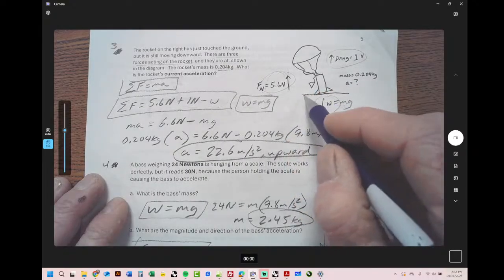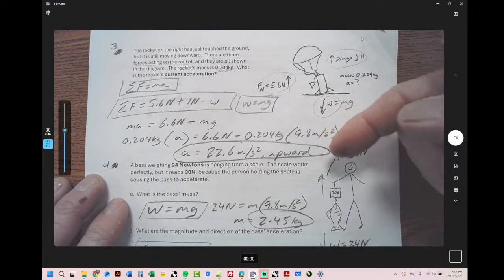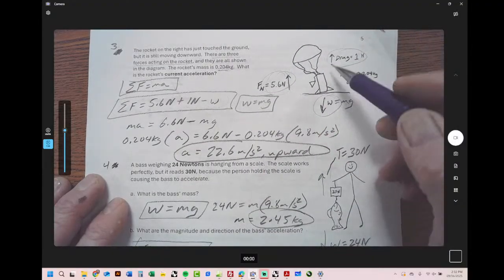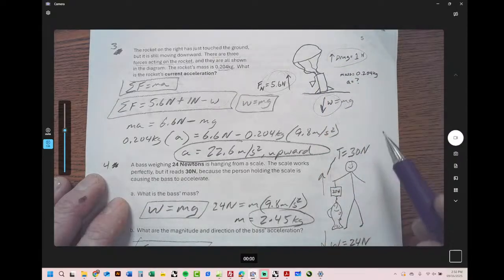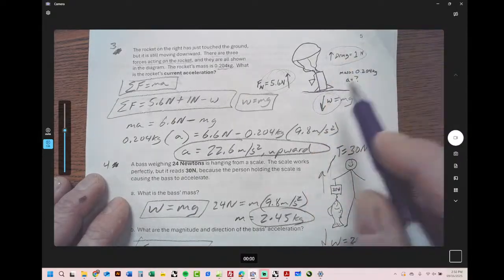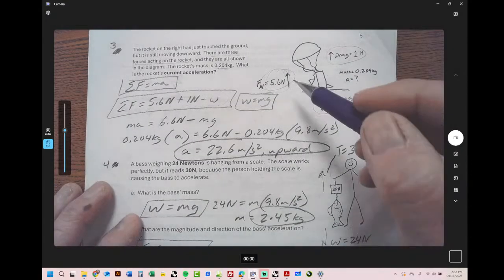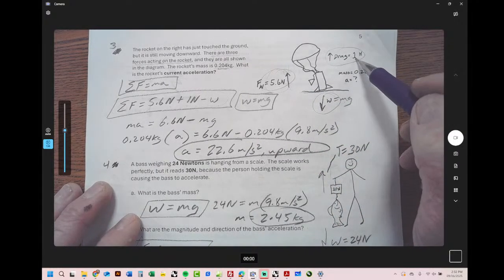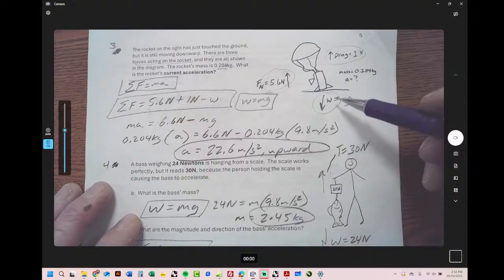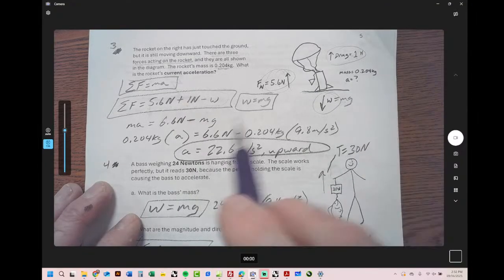This is the perpendicular force of the ground pushing up on the rocket as the rocket falls and hits the ground. Pushes back. This is the force of drag. This is air resistance pushing up. It's the force of this fluid, which is air, pushing up on the parachute mostly. So those are both positive. That's why I do positive 5.6 plus positive 1. But then weight is pulling the rocket down, so I need to do negative whatever this is.